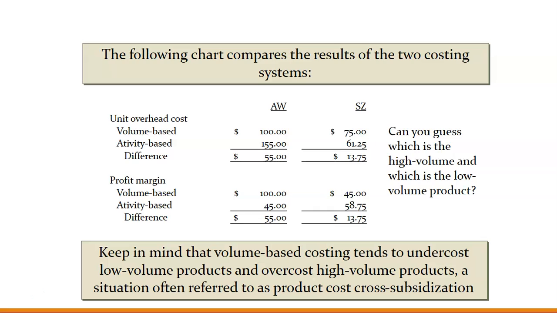So our volume-based costing tends to undercost our low volume products and overcost high volume products. This situation is called product cost cross-subsidization, which means that by making 20,000 products, we originally apply more overhead to the higher volume product line, whether that is a true analysis of its resource usage or not.